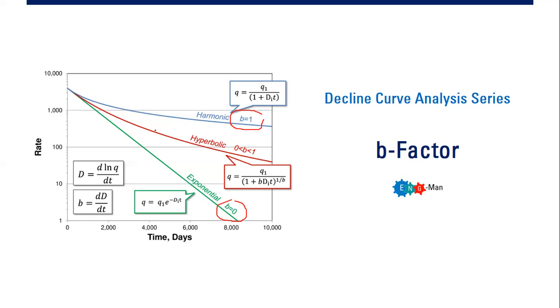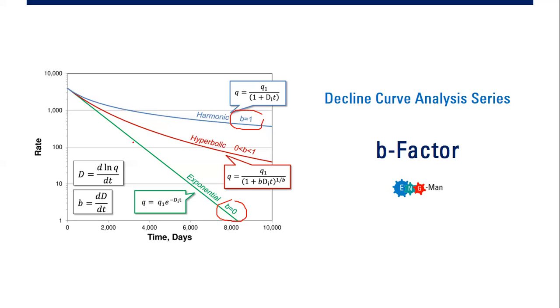But in harmonic, one section or segment with good permeability will contribute first, but later on another layer, segment, or compartment with poorer quality will contribute. So that's why you will have the curvature, because the contribution from other layers comes later on.